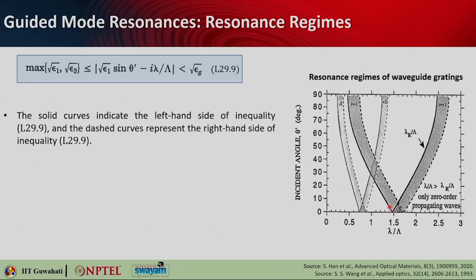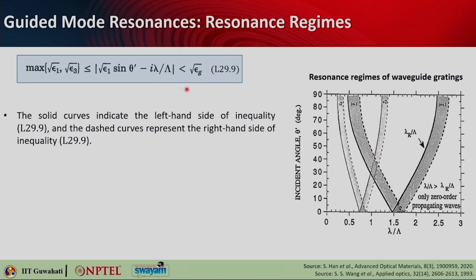The solid curves that you see here are on the left side of the inequality. Here the left side of the inequality is coming from this solid line, and the right side is shown by this dashed line that is coming from this one.